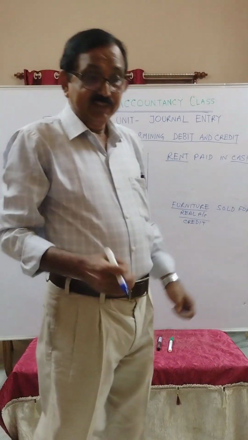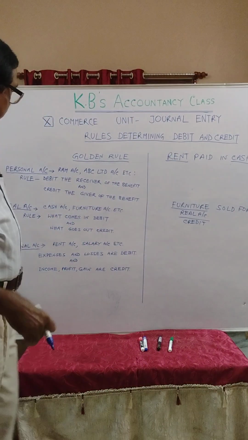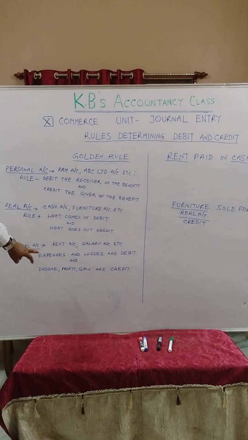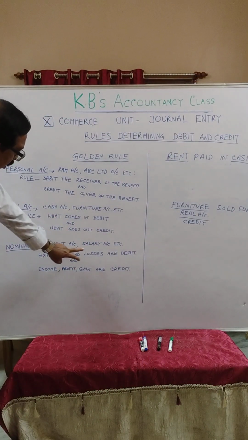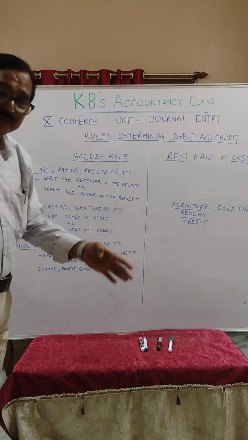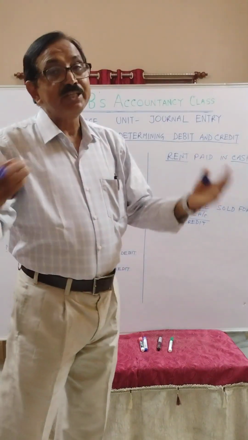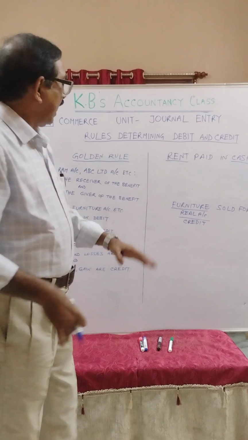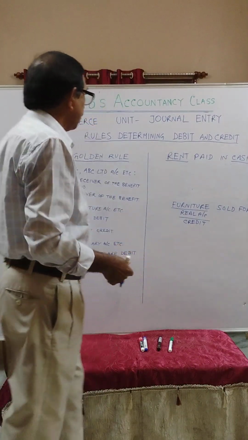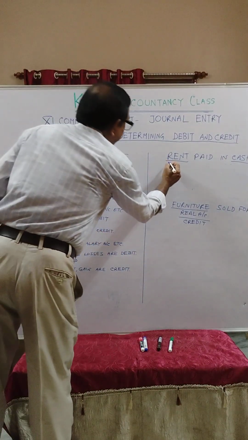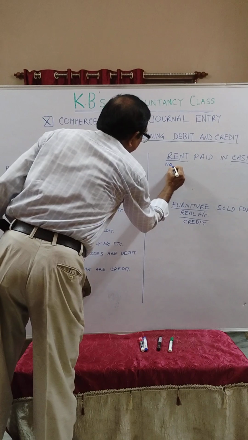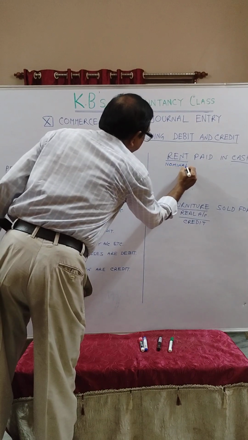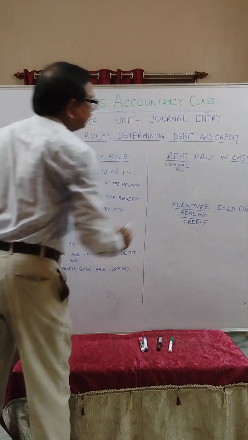Rent is the name of an expense. So here nominal account means any type of expenses or losses, any type of income or gain or profit. So rent is an expense here, so it is a nominal account.